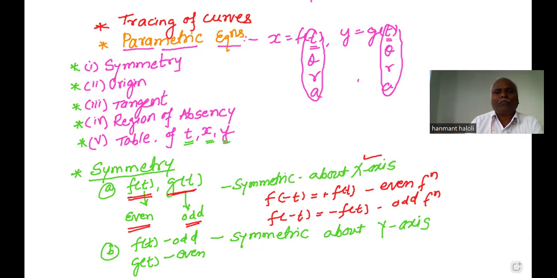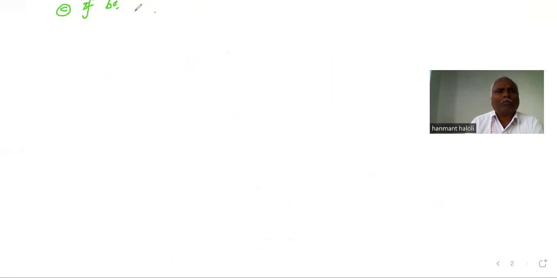Next, if both f of t and g of t are even functions, then the curve is symmetric about the line x equal to y.